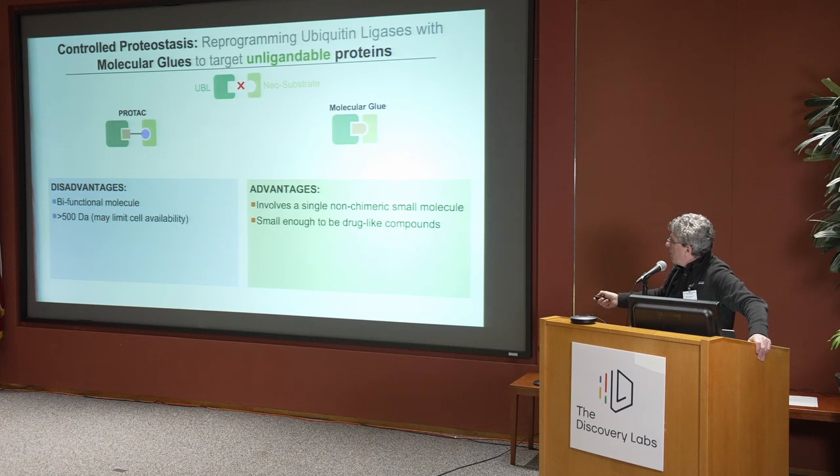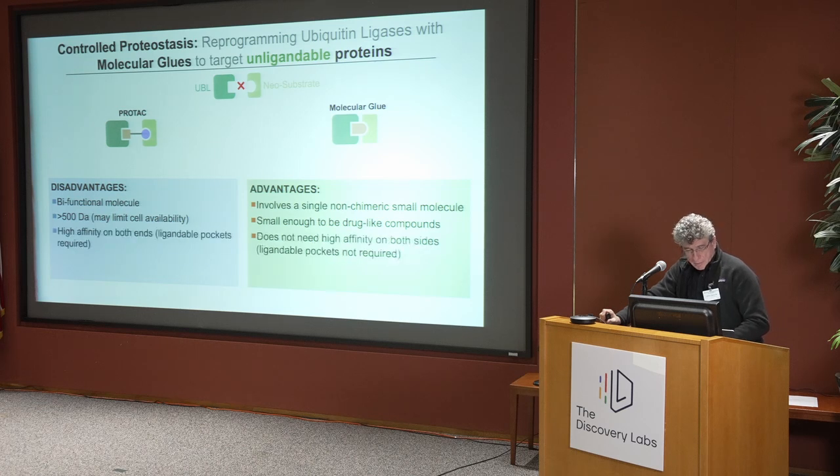It's also small enough to be a drug-like compound, and therefore might not have the disadvantage of the PROTAC of being large and therefore limiting cell availability and increasing toxicity in the patient. I apologize.